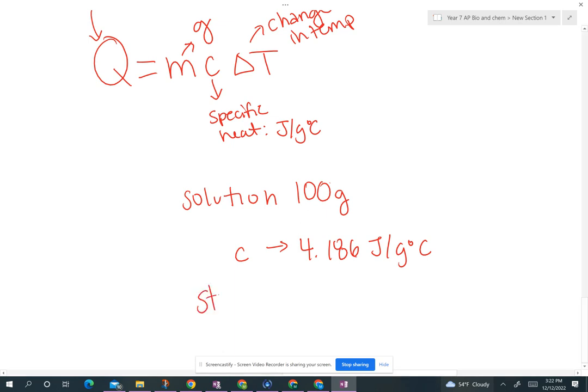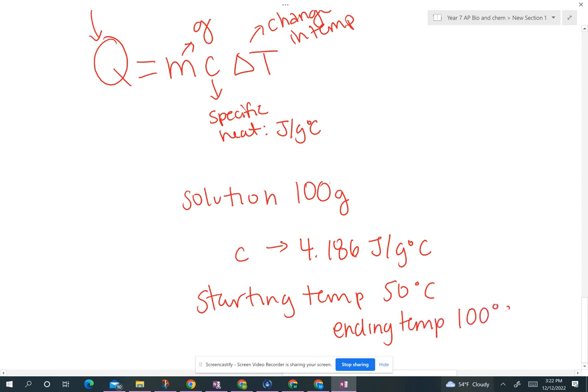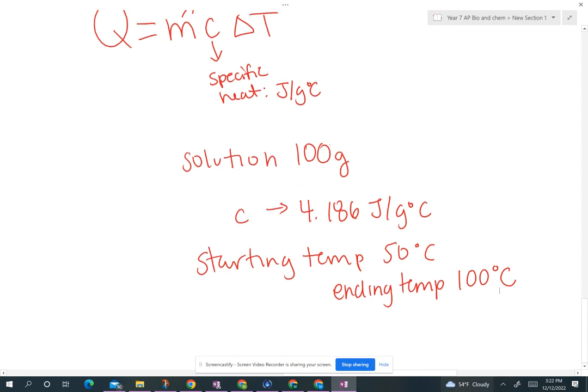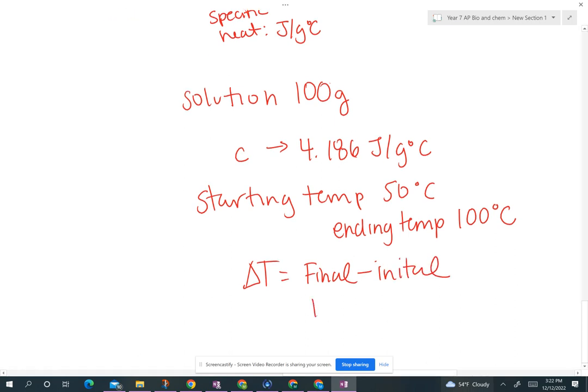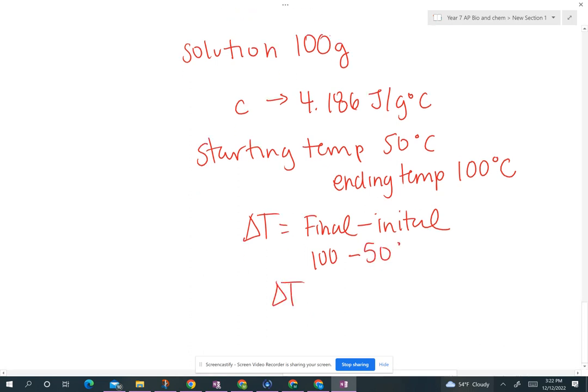If I have a starting temperature of, let's say, 50 degrees Celsius, and an ending temperature of 100 degrees Celsius, I have to figure out my delta T, which is final temperature minus initial temperature. So my final temperature is 100 minus my initial temperature, which is 50. So my delta T is equal to 50 degrees Celsius.